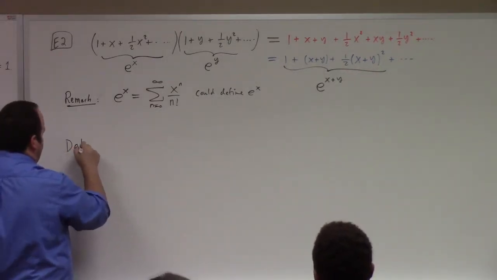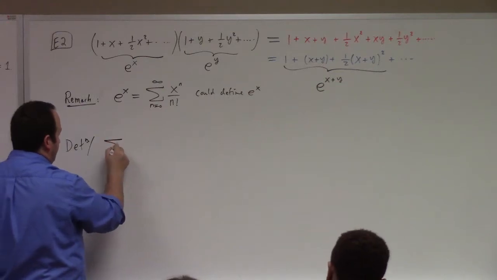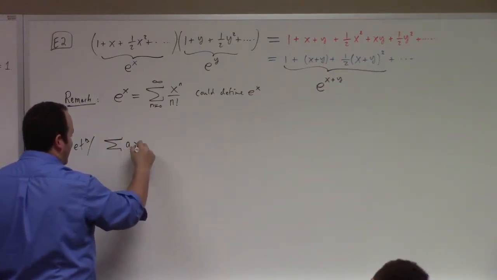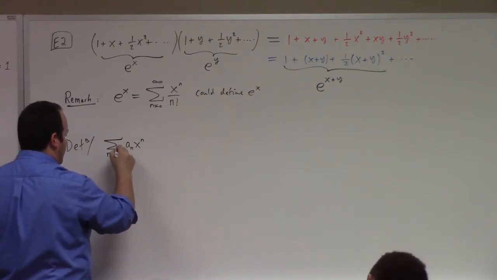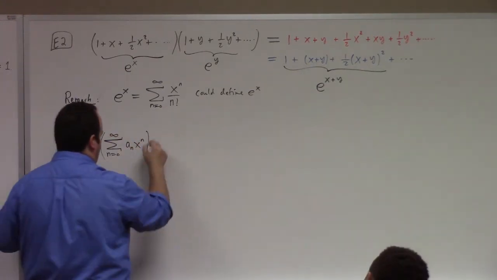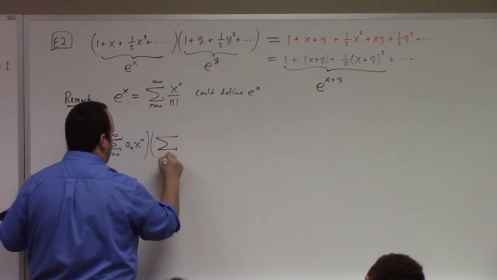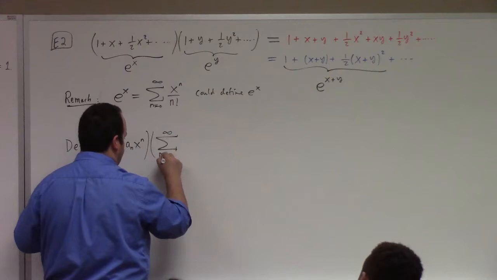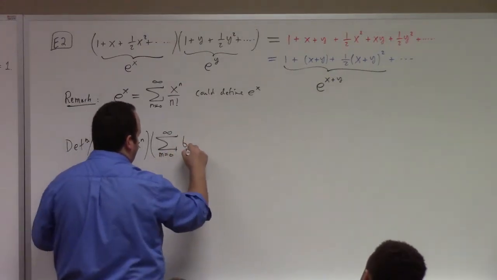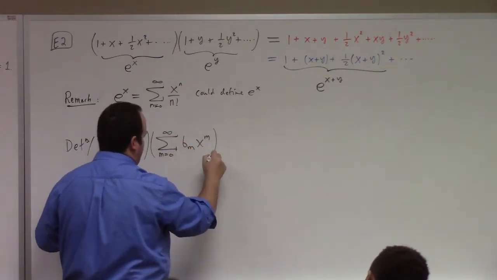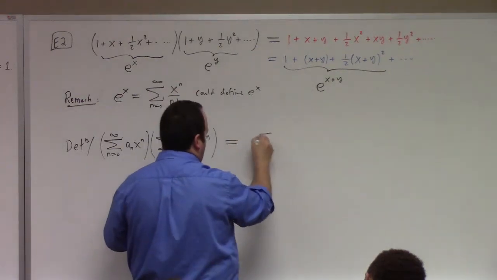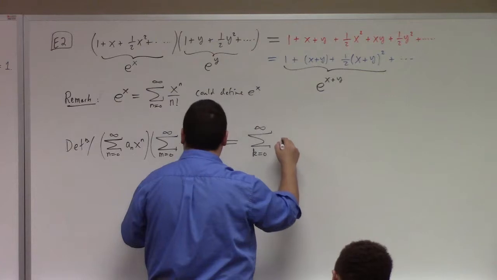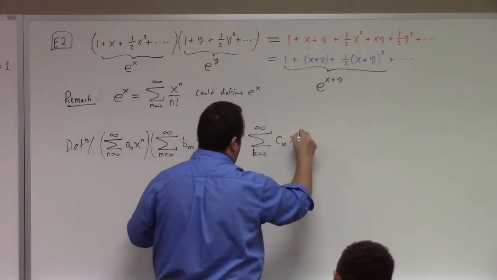So what do we mean if we have the sum of a sub n, x to the n, n equals 0 to infinity, and we're going to multiply that by the sum m equals 0 to infinity of b sub m, x to the m. Well, that should be equal to the sum k equals 0 to infinity of c sub k, x to the k.